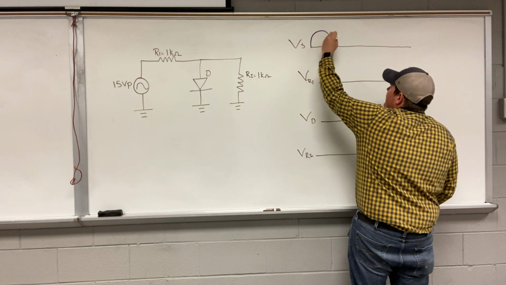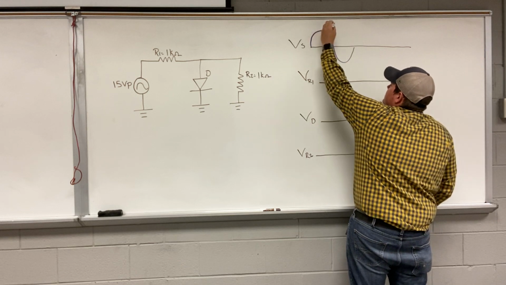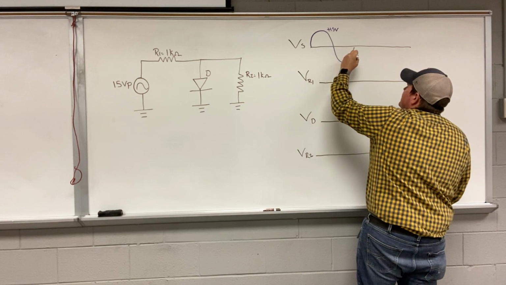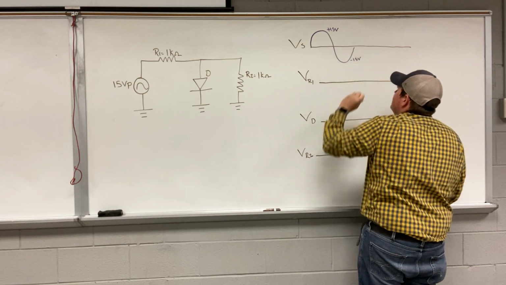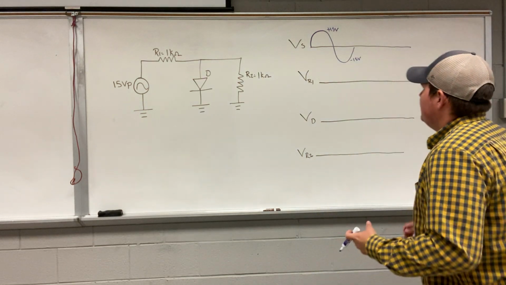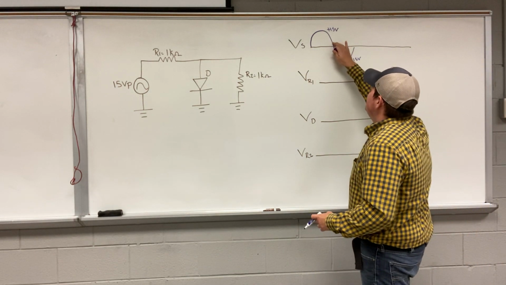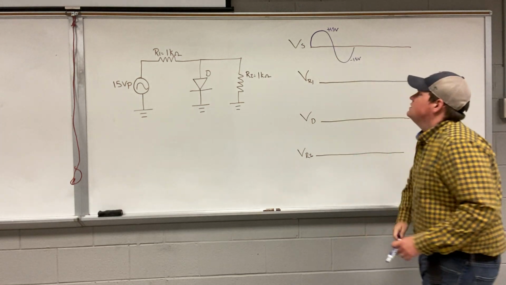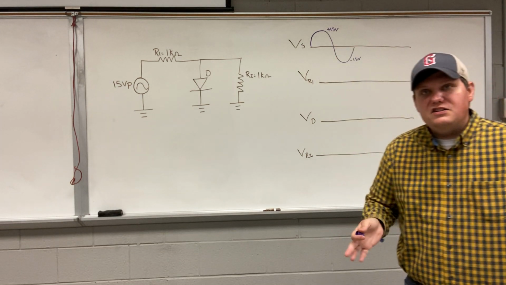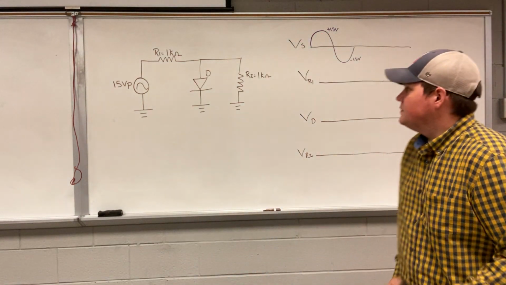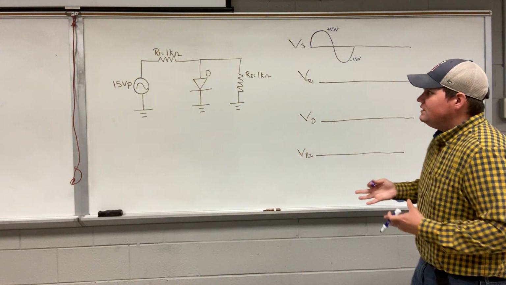It's just a waveform with a 15 volt peak in the positive direction and a 15 volt peak in the negative direction, which gives us 30 volts peak to peak, because the span from positive 15 to negative 15 is 30. Okay? So that's pretty simple.